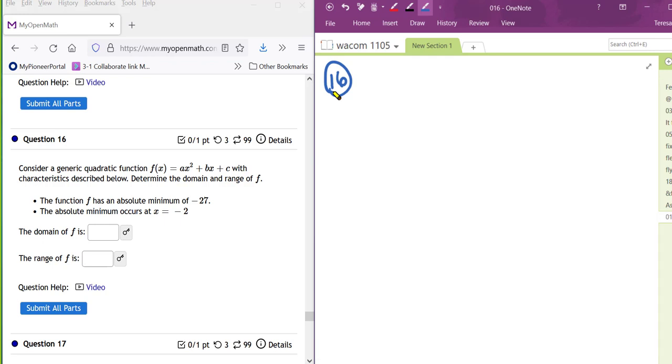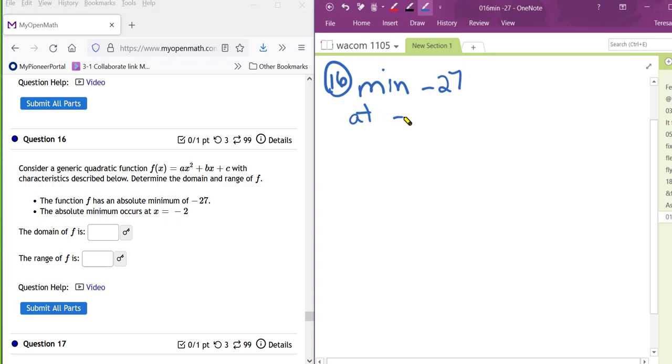All right, it's just giving you different pieces, right? And it's telling us this function has an absolute minimum of -27. And it occurs at -2. If it has a minimum, that means it opens this way.